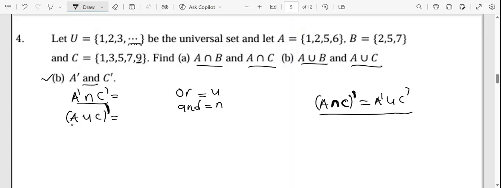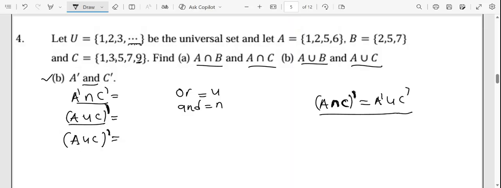So we list the elements of A union C. Union is more like plus, so we add all the members that are in A and all the members that are in C. Then the complement are those which won't be found in this list.